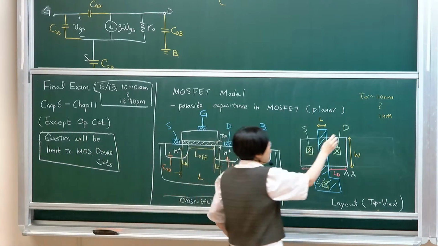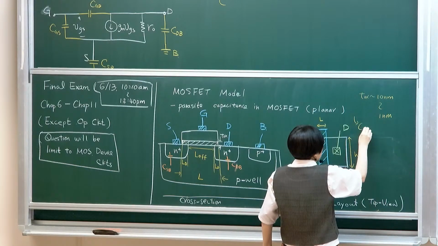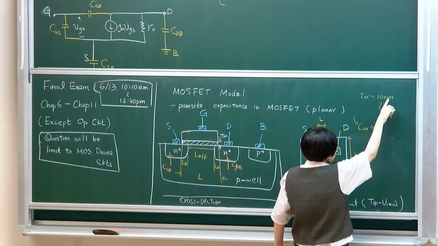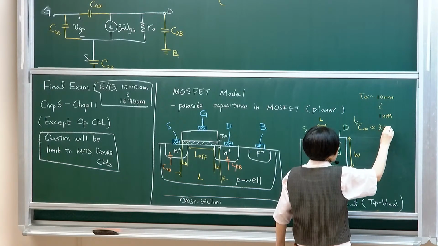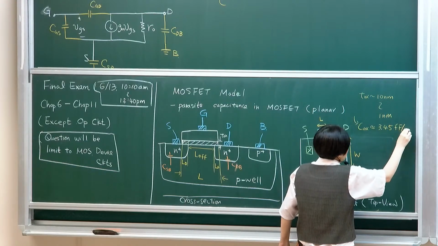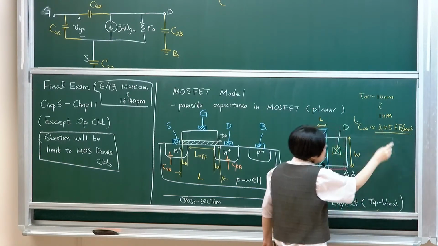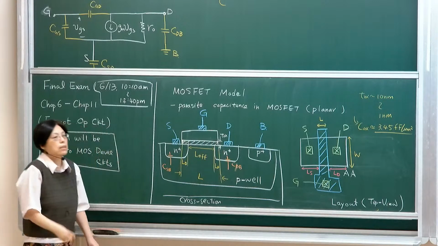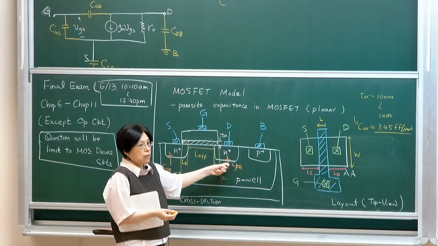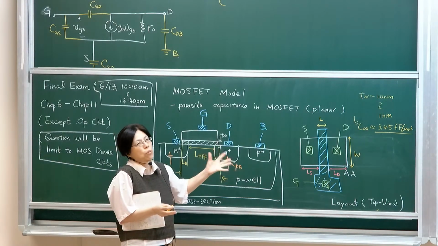That makes COX probably in the range, if you use this as a corresponding result, 3.45 femtofarad per micron square. If you look at this, this is actually a very high capacitance in the system. If you ever do junction capacitance, it's typically in the range of maybe 0.1.